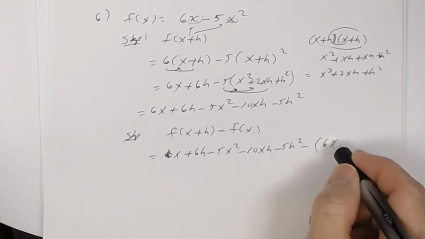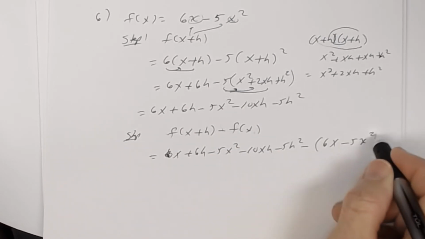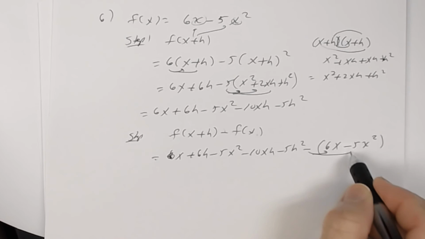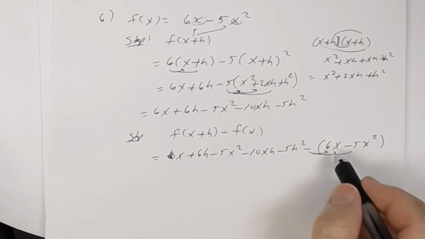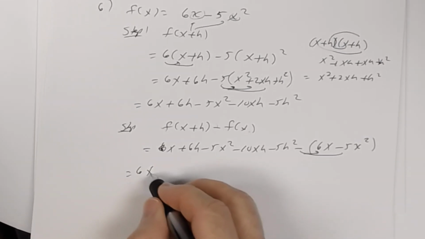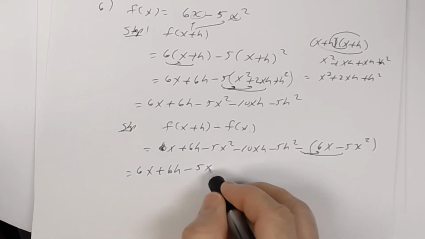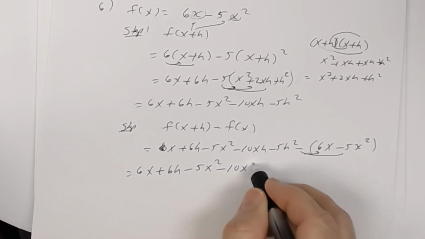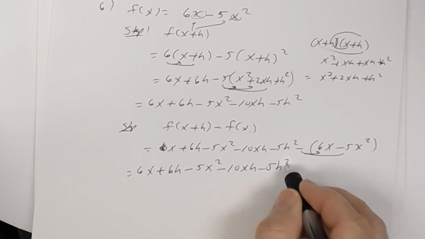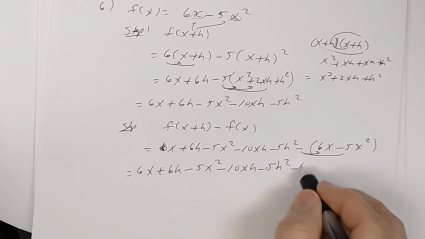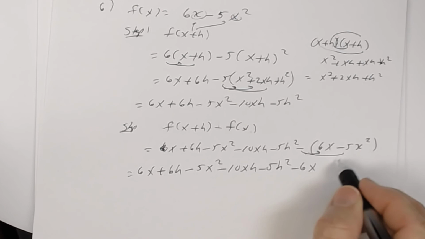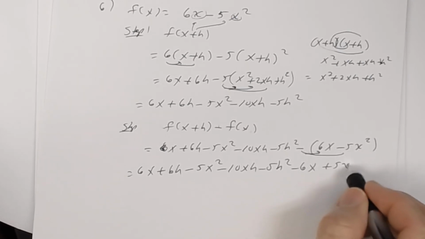So you're subtracting 6x minus 5x squared. Now you can get rid of this, so you're going to add the opposite. So you get 6x plus 6h minus 5x squared minus 10xh minus 5h squared. The opposite of 6x is a negative 6x. The opposite of a negative 5x squared is a positive 5x squared.